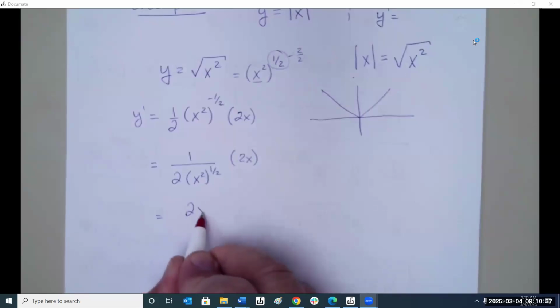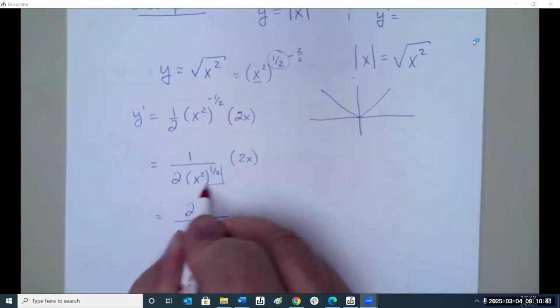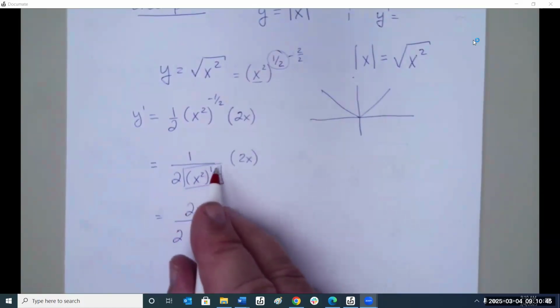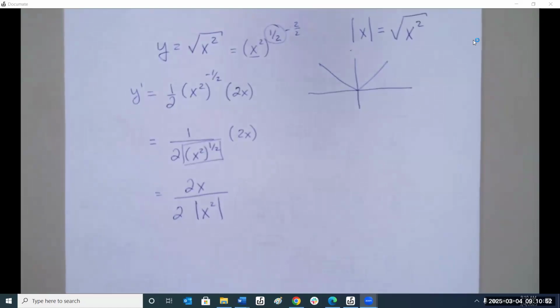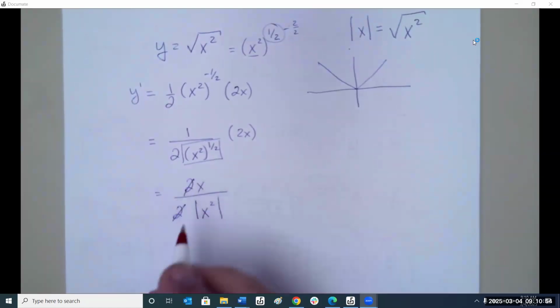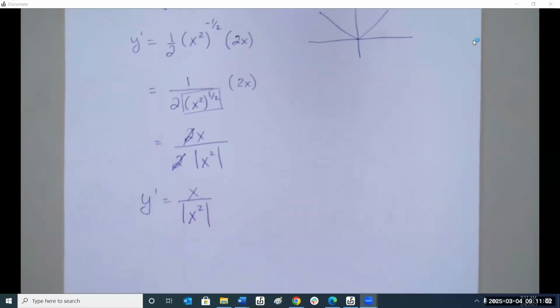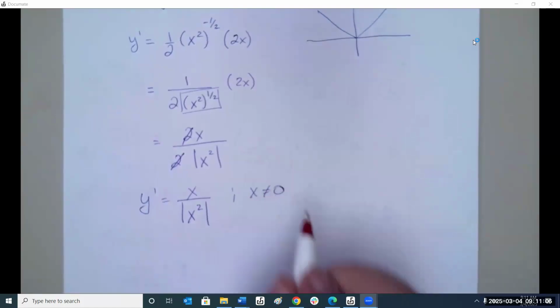So we have 2x over 2. This one can be rewritten. So x squared to the power 1/2 is the same thing as the absolute value. The 2's cancel. So the derivative is x over absolute value of x, as long as x does not equal 0.